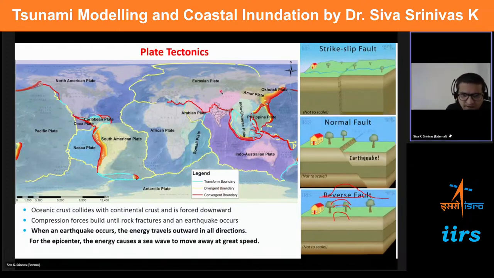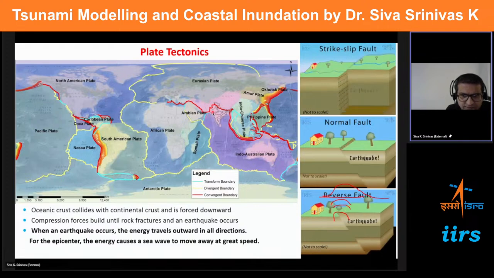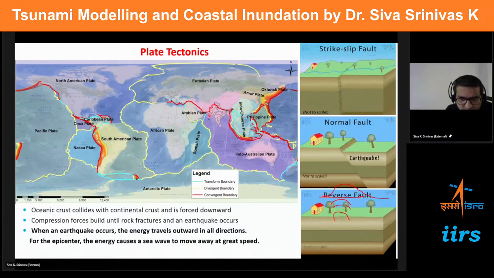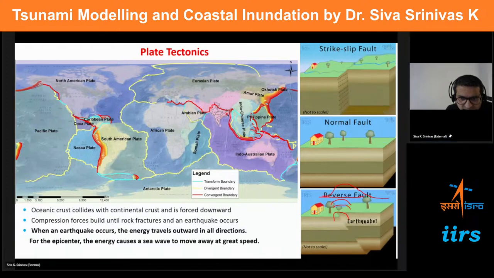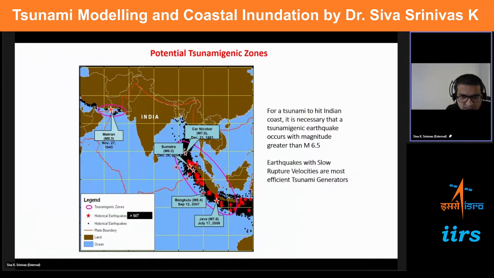So in case of India, we have convergent boundaries in the ocean at this region and at this region. So these two regions are the potential tsunami-genic zones for India, for the east coast and west coast of India, the complete Indian coast.